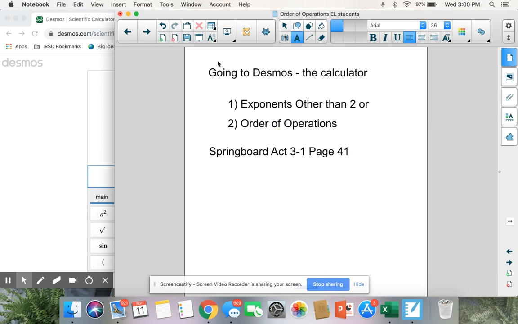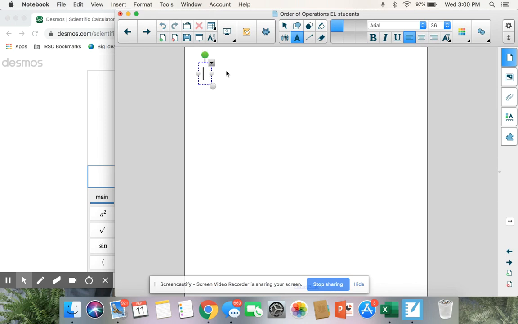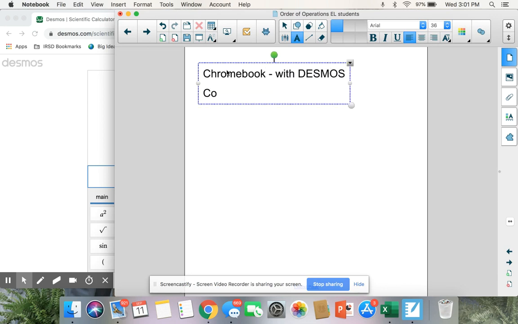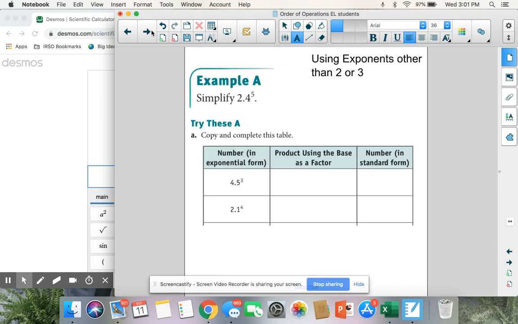So on your desk right now, you should have a Chromebook with Desmos pulled up, your composition book, and your Springboard open to page 41. All right, great. So let's get started.